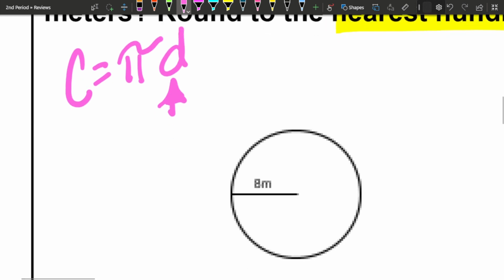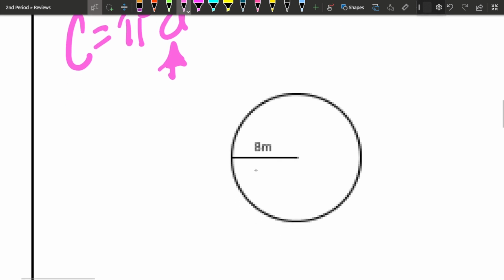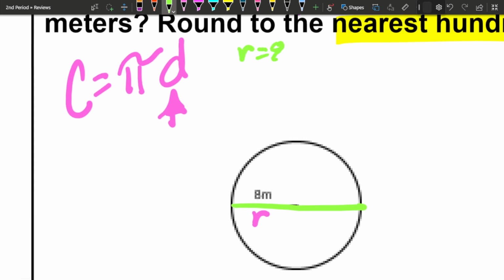Diameter. Do we have the diameter in here? No. This is the radius. So if the radius equals 8, and I want to find the diameter, then what will be my diameter? I know radius equals 8, so my diameter has to be 16. Double that. So my diameter is going to be 16. Now I'm good to go.